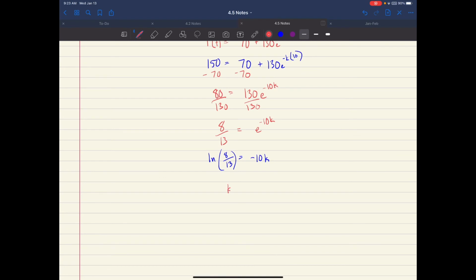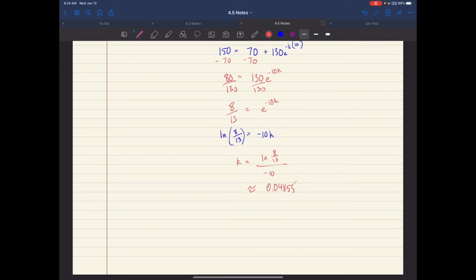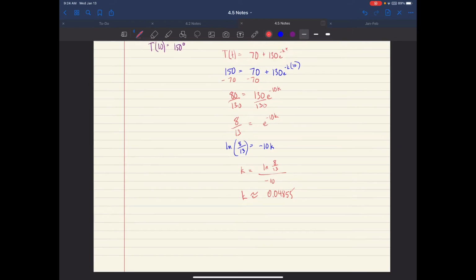So k equals the natural log of 8 over 13 divided by negative 10, which is approximately 0.04855. And these numbers that I'm getting are all coming from a calculator, obviously. Okay, so we have k is approximately that decimal.